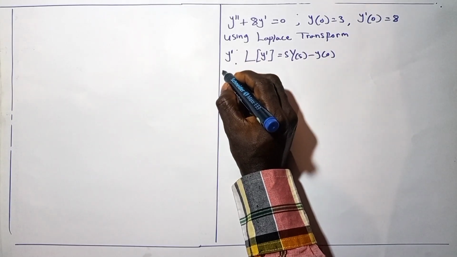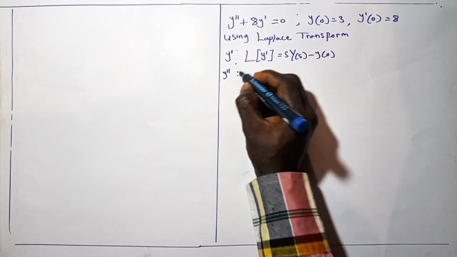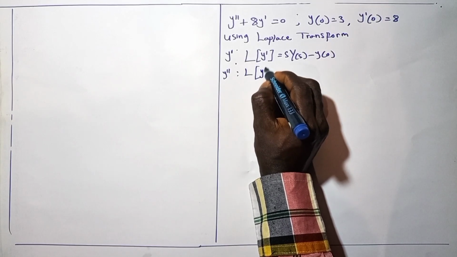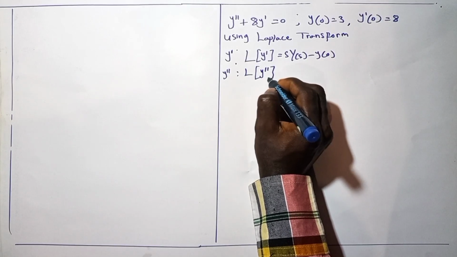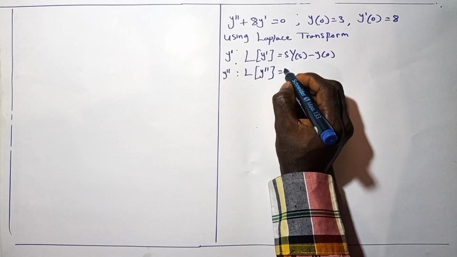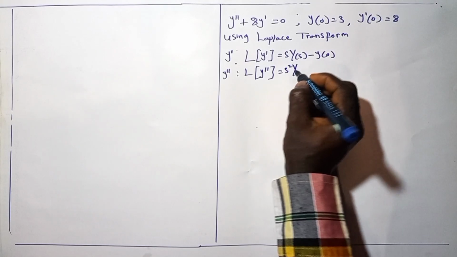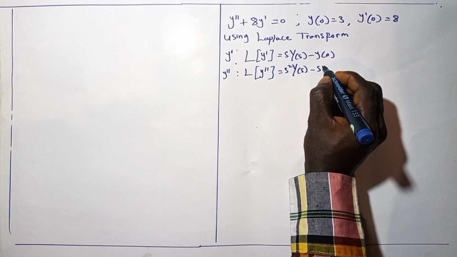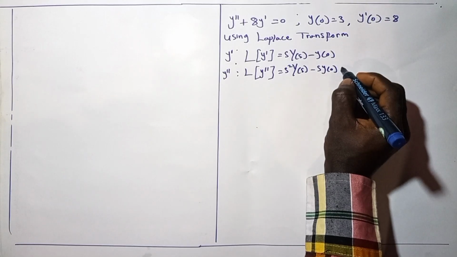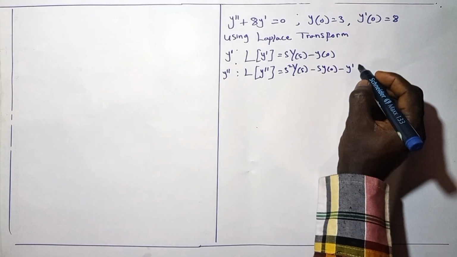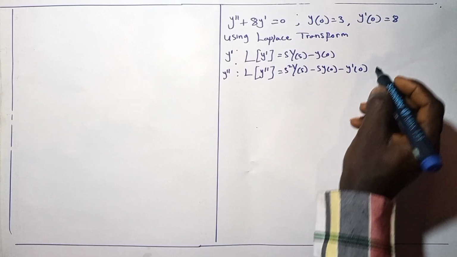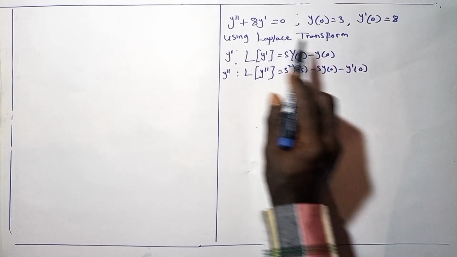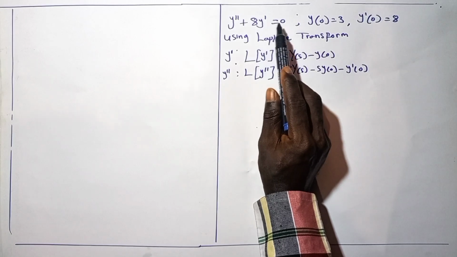Then for y double prime, to transform y double prime, we have s squared Y of s minus s y of 0 minus y prime of 0. So this is the transformation we'll be applying to this given differential equation now.